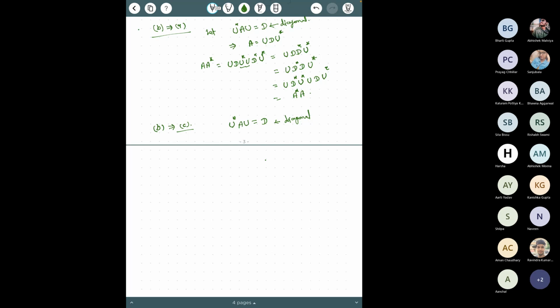So how can we prove that? A similar thing we have done while studying diagonalizability. Can you tell me how to show that the columns of U are actually orthonormal eigenvectors of A?